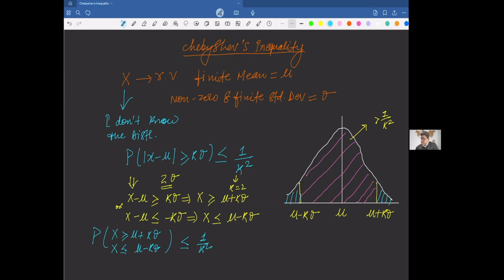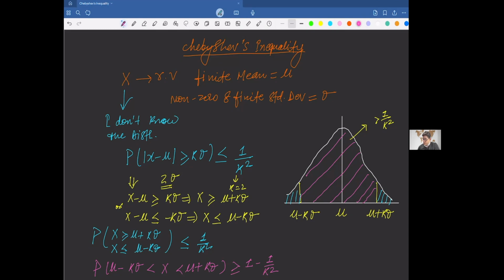So in a simpler form, I can write this as probability of mu minus k sigma less than x less than mu plus k sigma, which is greater than or equal to 1 minus 1 by k square.